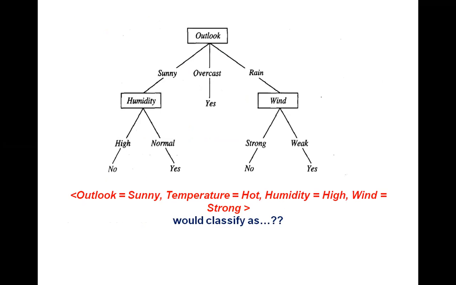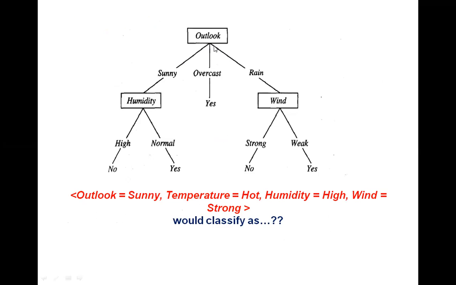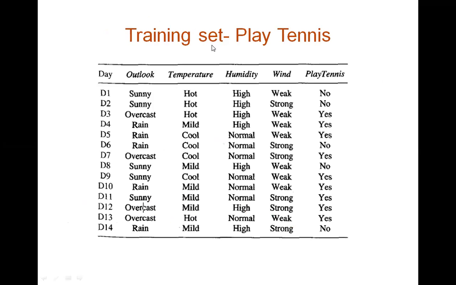Next question is, we had 4 attributes: outlook, temperature, humidity, wind. See, 4 attributes were there for which you have constructed the tree. Outlook became the root. See here, outlook has become the root node. The question is, why? Why is outlook the root? That is the first question.